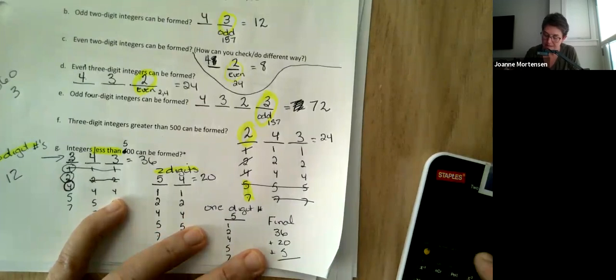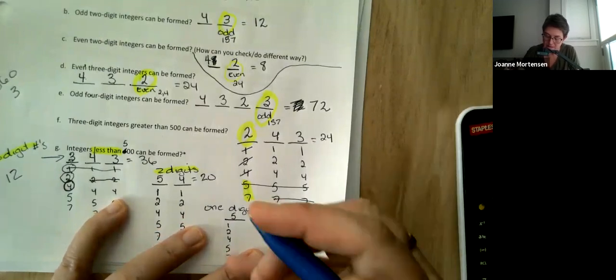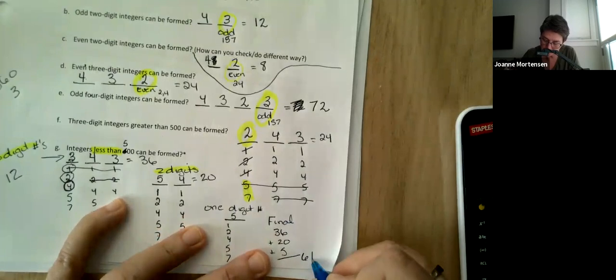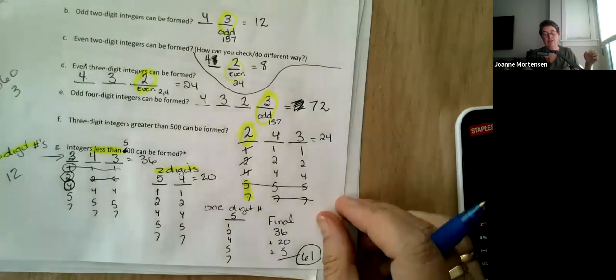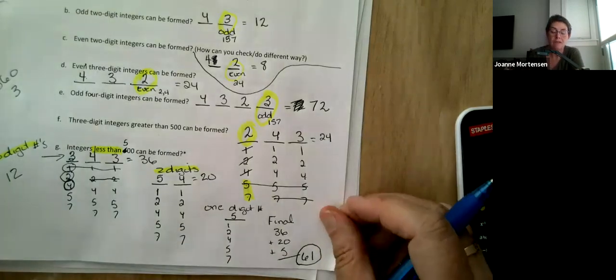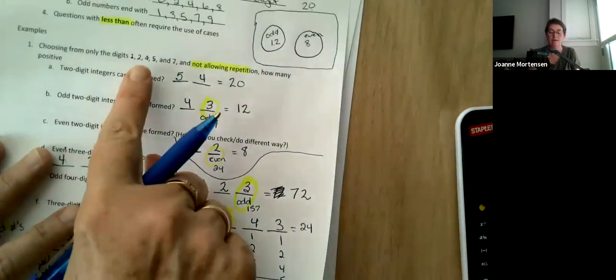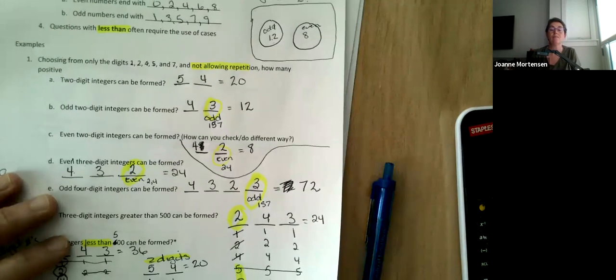Whoops. I just got 11 for an answer now. That's not right. 36 plus 20 plus 5. 61. Integers less than 500 can be formed from those digits up there.